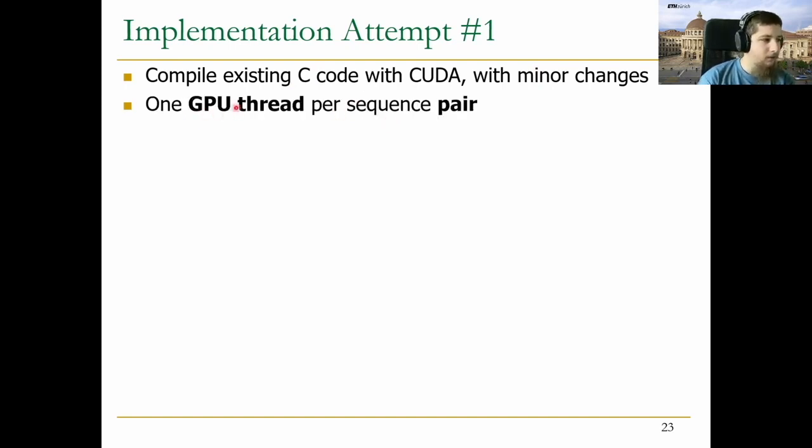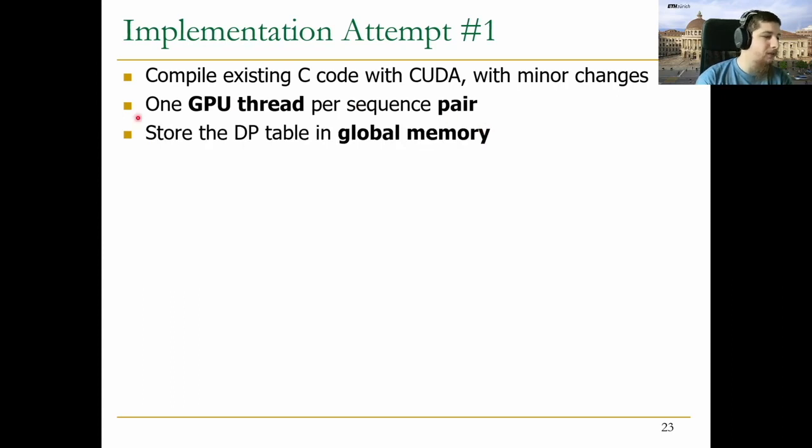Then you have one GPU thread per sequence pair, if you are no more specific than just taking CPU code. And we used global memory at first, so we don't have to worry too much about capacity issues or anything like that. Well, this immediately leads to suboptimal performance.